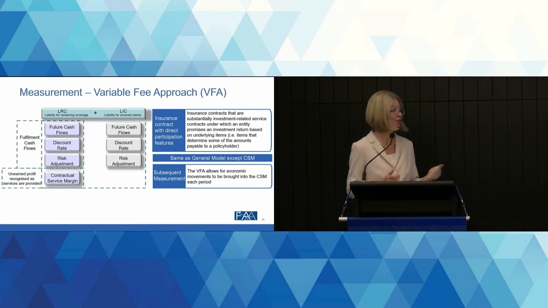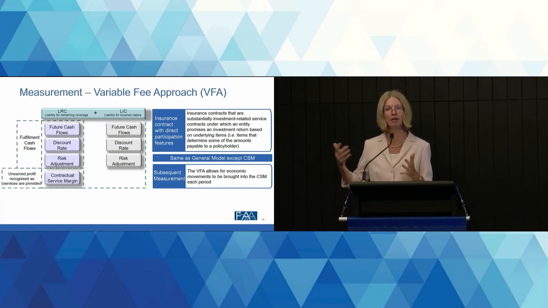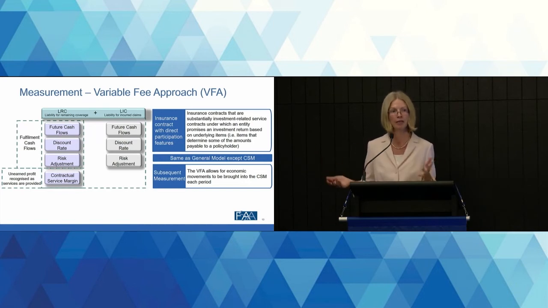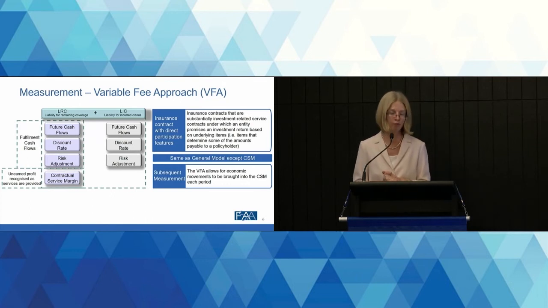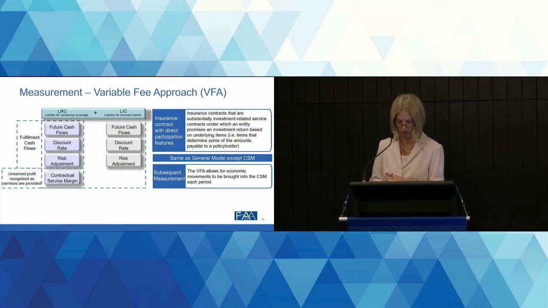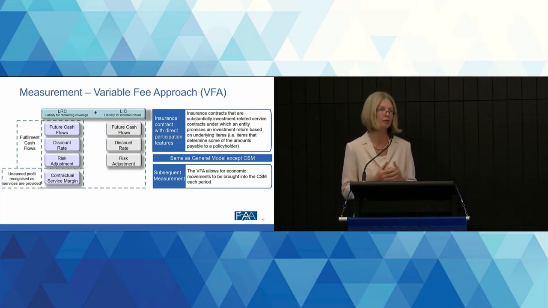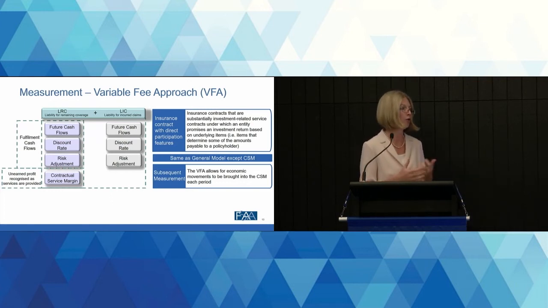So Jenna mentioned you calculate your contractual service margin up front, and then you need to recalculate that at each of your balance dates, and the difference is your profit that you recognise. Under the VFA, in the subsequent measurement, what that effectively allows insurers to do is reflect the economic movements, so market movements in that underlying group of items or assets for which an investment return is generated.